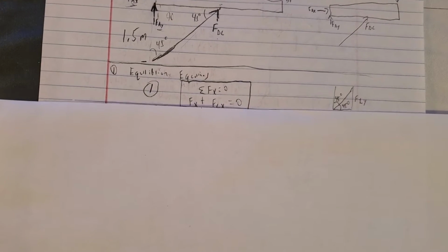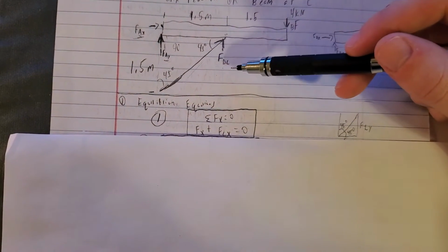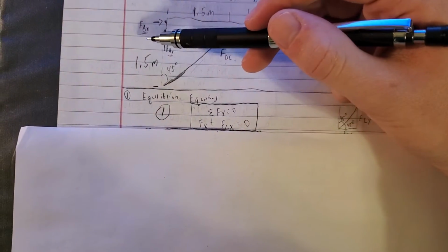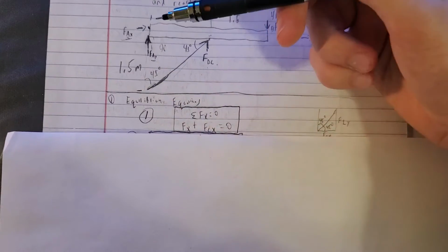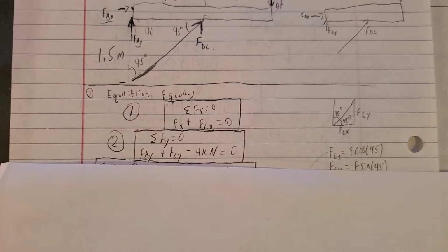Okay, so I started off with my equilibrium equations with Fx equals 0. Here you would have Fx plus Fc, which is the x component of the FDC force, and the x component of this FA. And then I can't solve for any components right there because those are two unknowns.